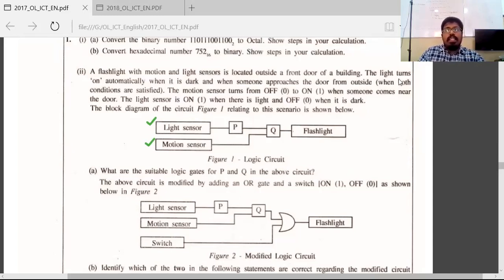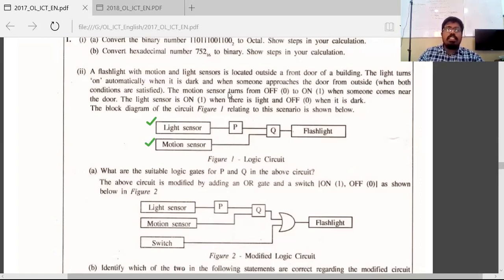Here, the lights turn on automatically when it is dark and when someone approaches the door. When the environment is dark, and also if there are persons nearby the door, light will be on, right?